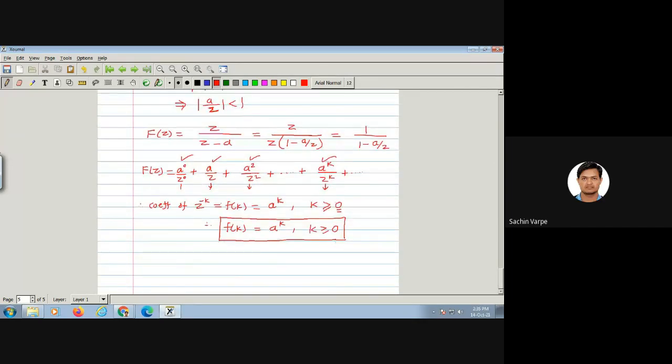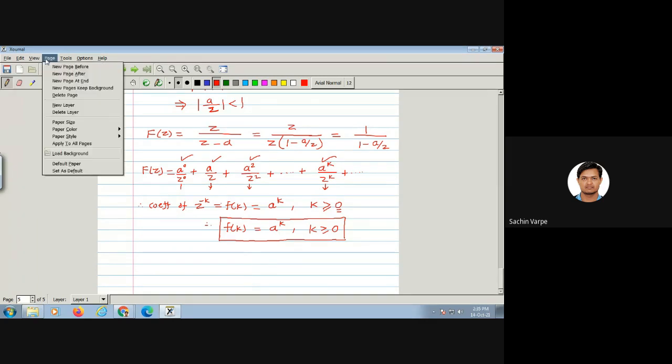So let us discuss a few examples based on this. First, the power series method. First example, write down.